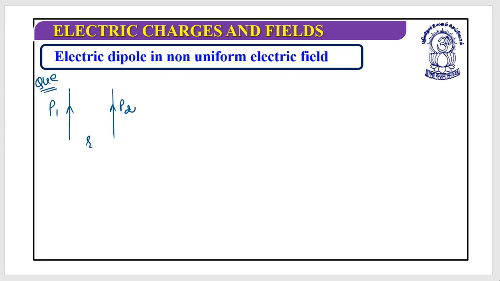And the separation between these two is R. I need to find out the torque on dipole P2 due to dipole P1. Now what should you do? Tell me. Torque on dipole 2 due to dipole 1. How could you manage it? Think.